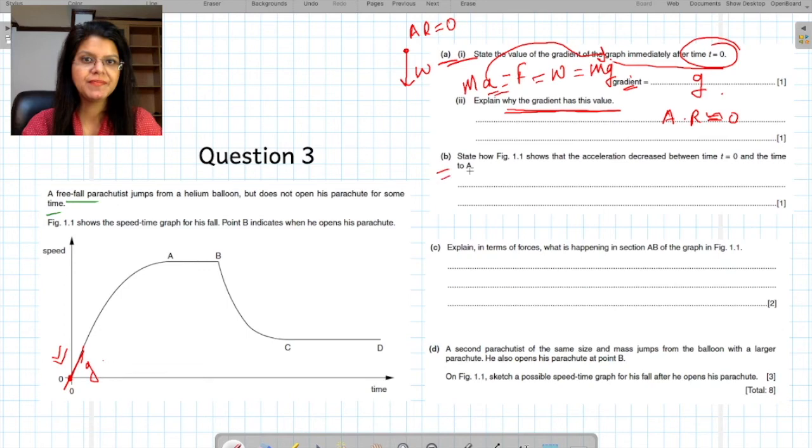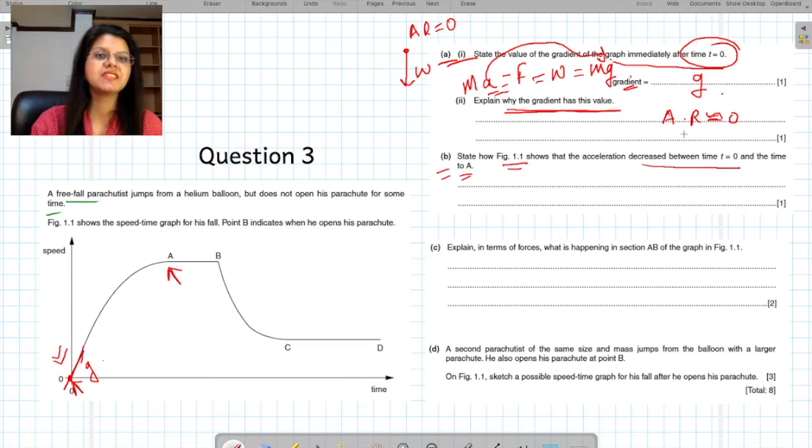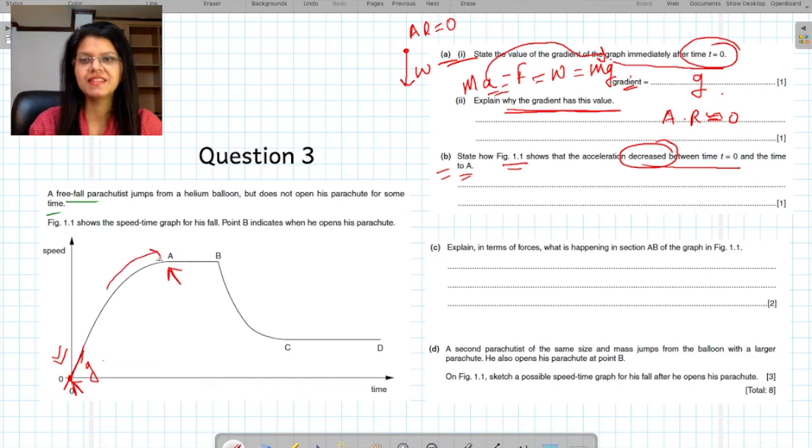Come to part B. State how this figure shows that the acceleration decreases between time t is equal to 0 and time A. Why is the acceleration decreasing between these 2 points? Look at the pattern of the graph. It is a curve, right? What kind of a curve? It is a downward going curve.